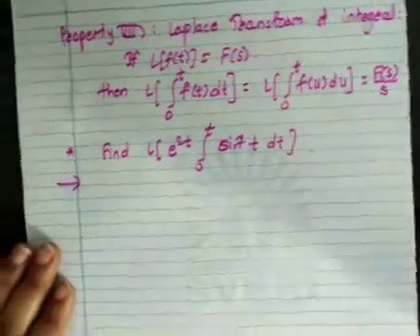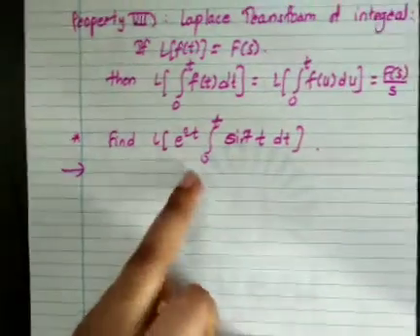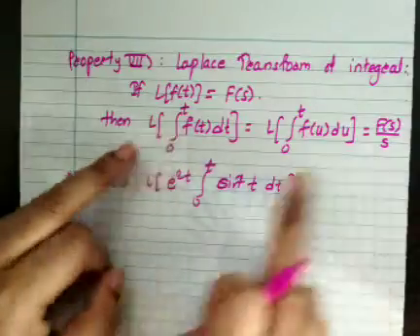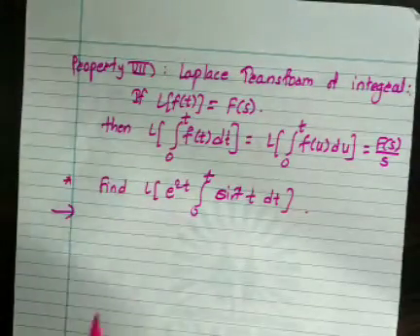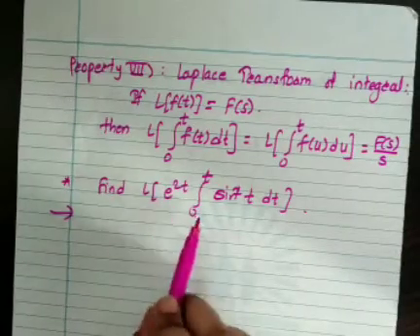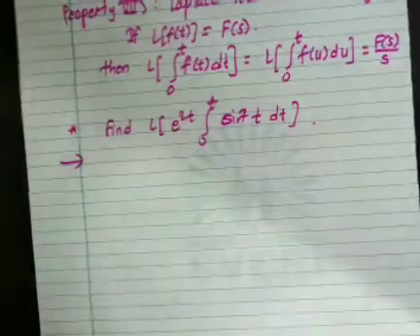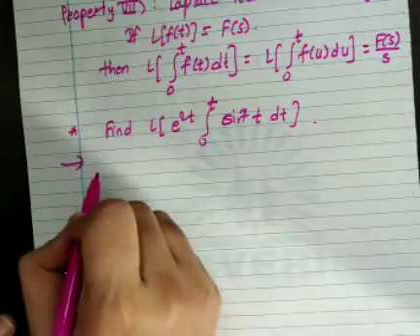In this example, there is sin square t, then integration 0 to t, that is the integral is applied, and then there is e. And remember, in this case we cannot interchange; wherever the integral part is, we have to first solve that integral part. Wherever it is, just do not interchange.